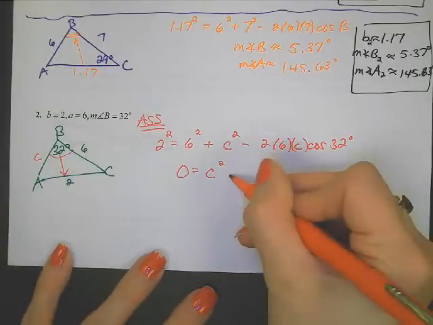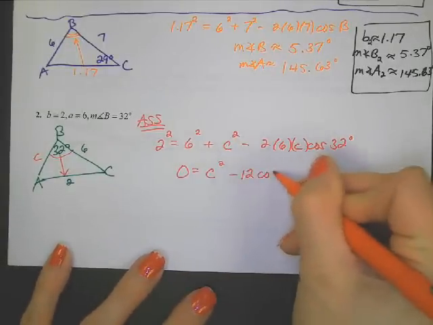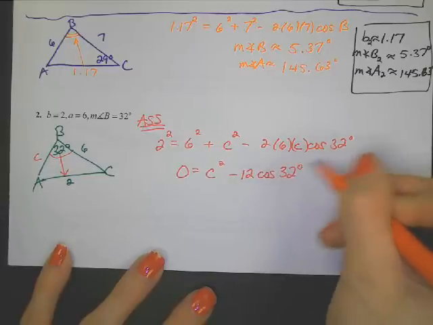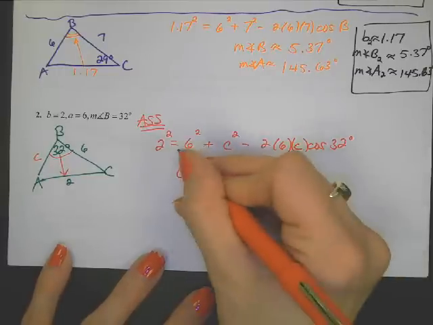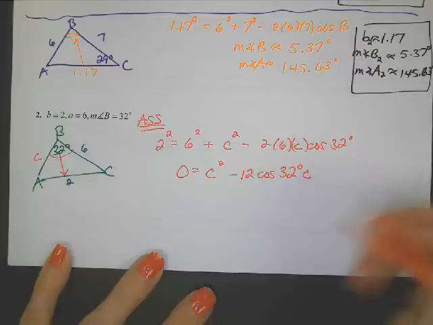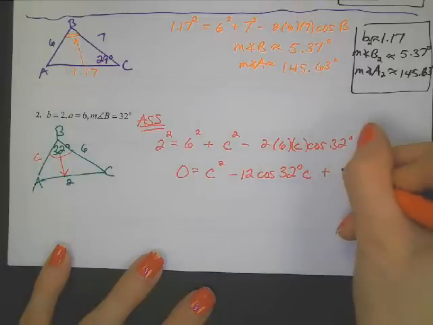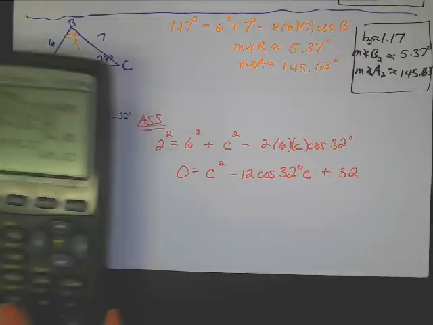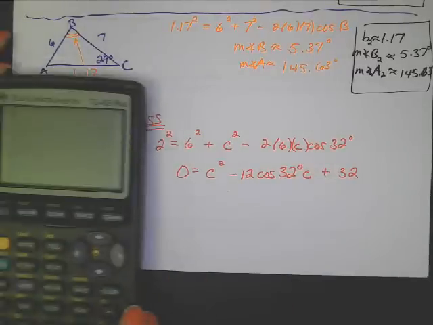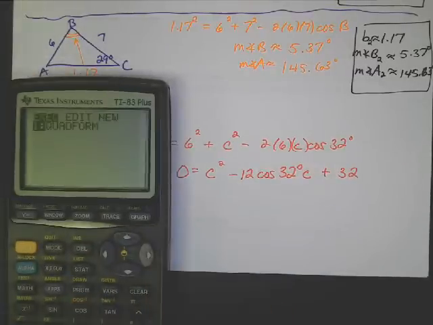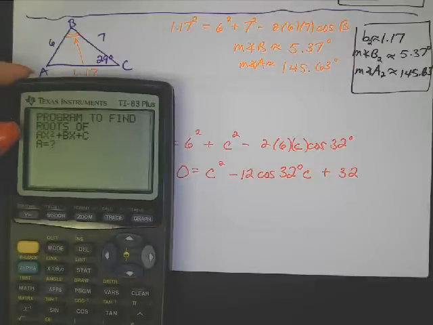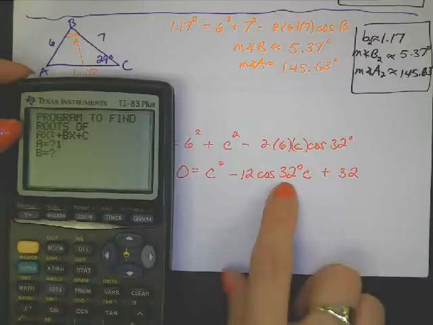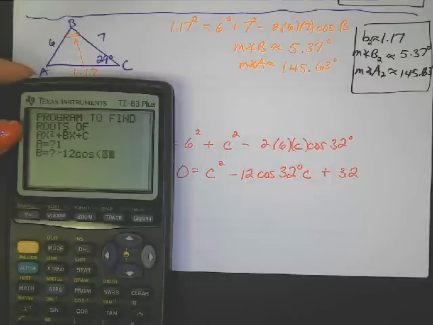Since it's a quadratic, that's negative 12 times the cosine of 32 degrees c. And 6 squared minus 2 squared is going to be positive 32. Okay, let's use our quadratic formula program to solve this quadratic. A is a 1, B is negative 12 times the cosine of 32 degrees, and C is 32.